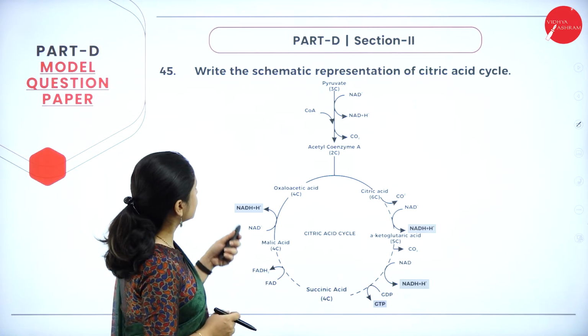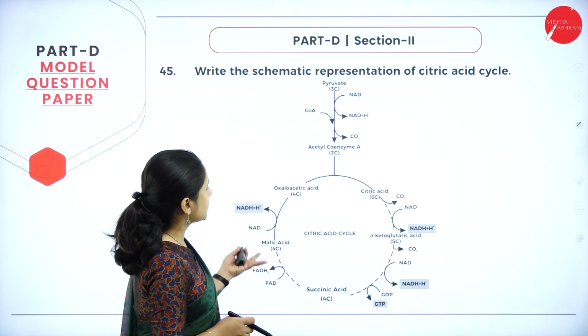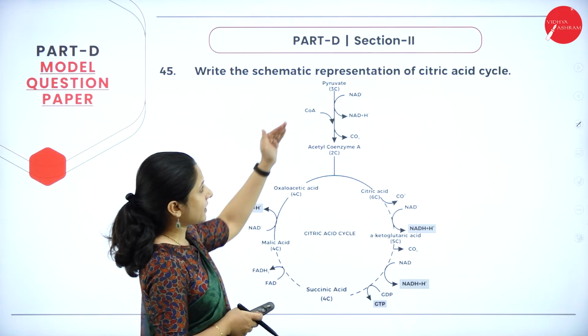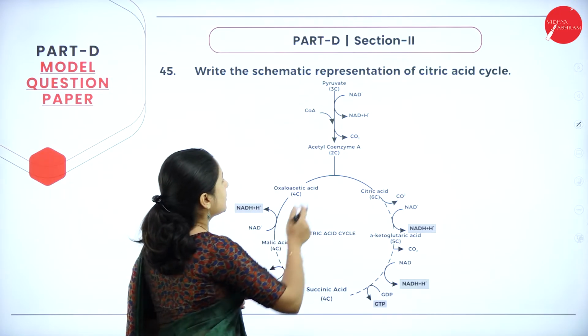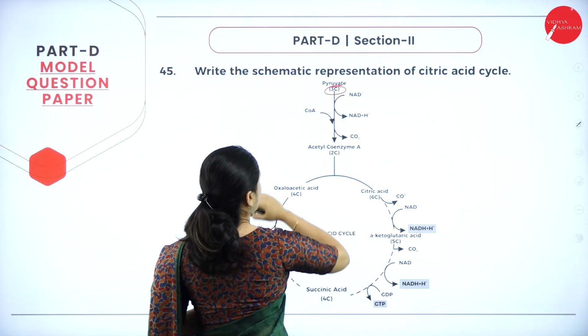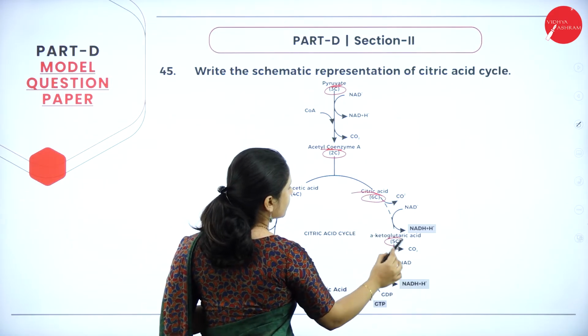Next, moving on to the next question. Write the schematic representation of citric acid cycle. So citric acid cycle also you need to write starting from how the pyruvate, and don't forget to write that it is a 3-carbon compound, it is a 2-carbon compound, here 6-carbon compound, 5-carbon.